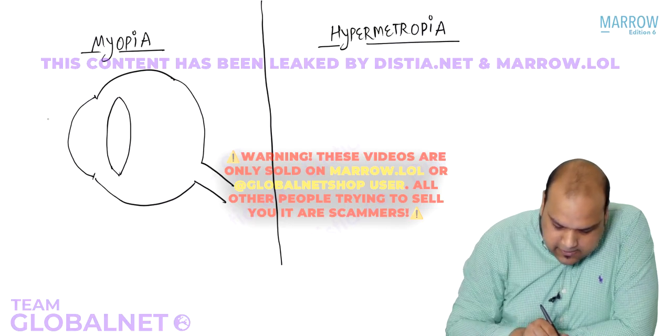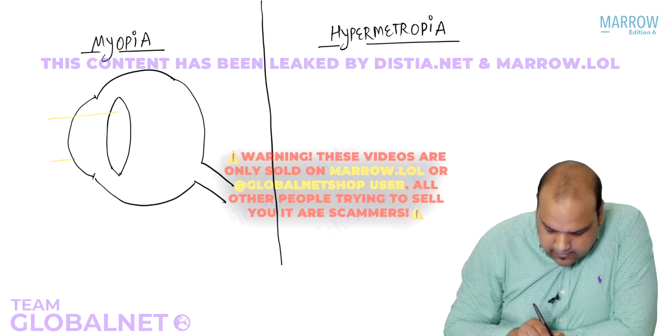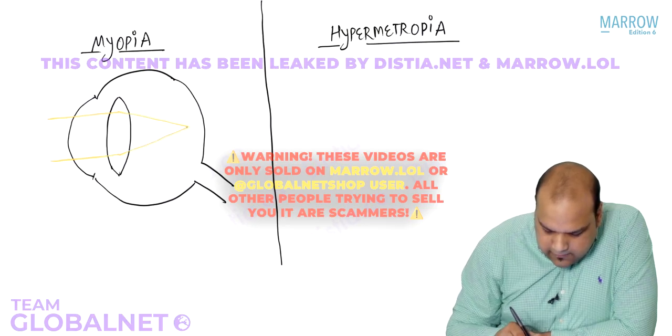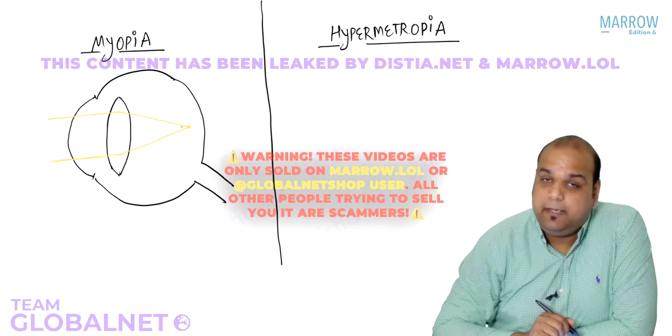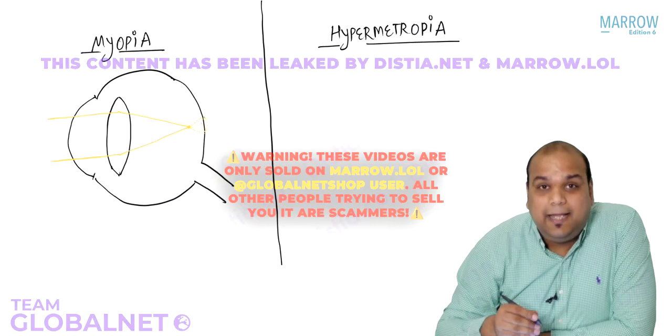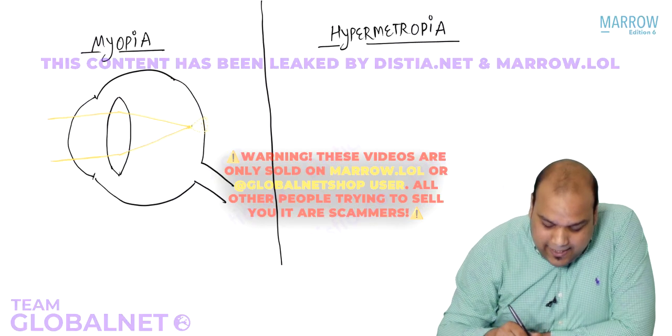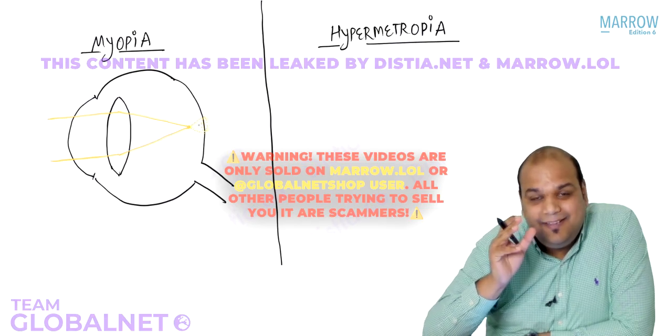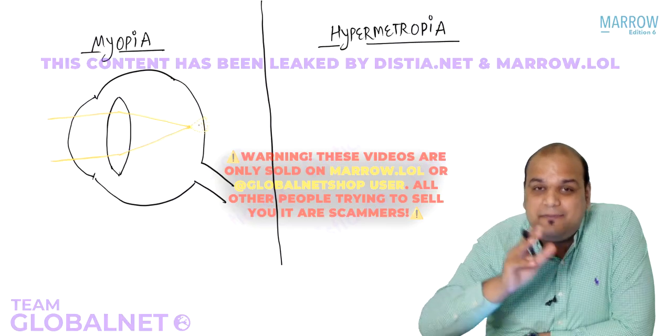So, if I say the definition, parallel rays of light coming from infinity converge in front of the retina. It becomes a case of myopia. That is why by the time light reaches the retina, there is a small circle of blur. There is not a point image which is formed.